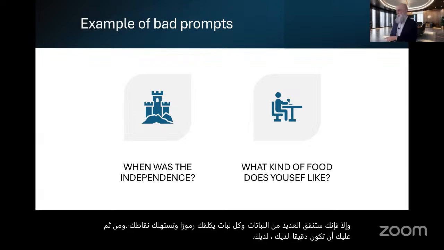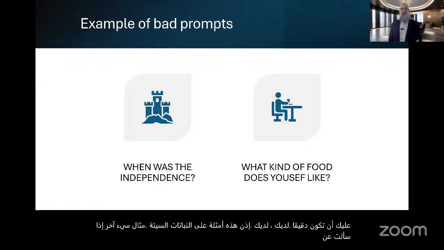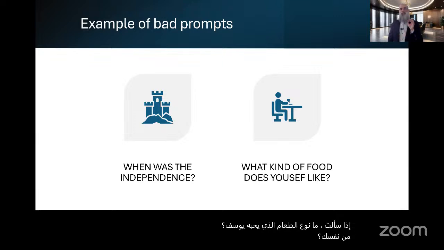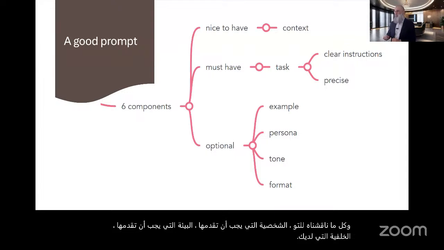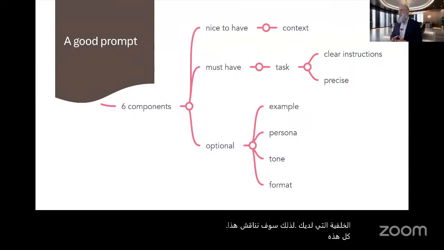Another bad example. If I ask, what kind of food does Yusuf like? Who's Yusuf? So you have to give specifics, and everything we just discussed: the persona, the environment, the background, which we will discuss. Almost all these are missing, and even the task is not clear and not precise.